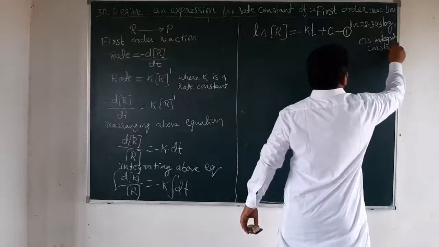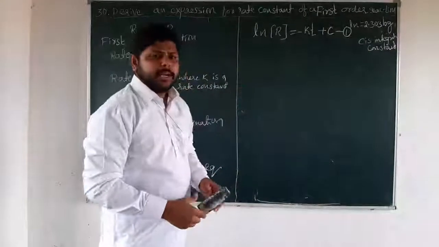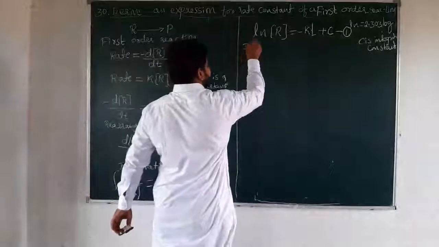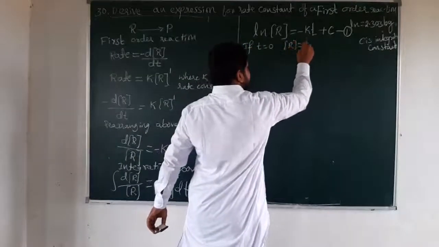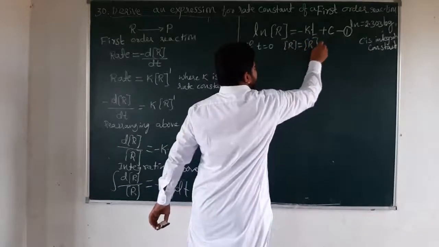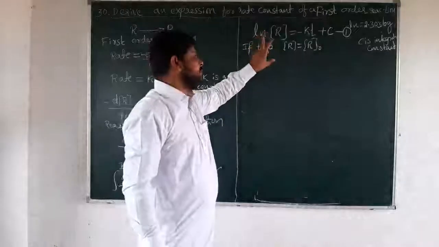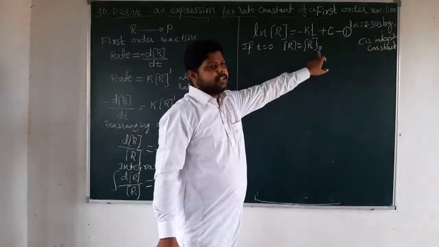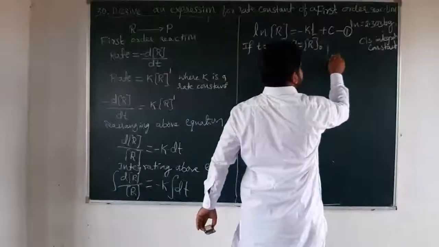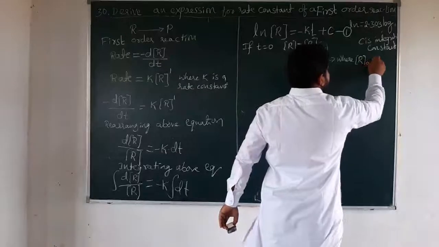Now, to get the value of c: if t equals 0, the concentration of R equals R naught. At initial time t equals 0, the concentration of reactant is the initial concentration, where R naught is the initial concentration.